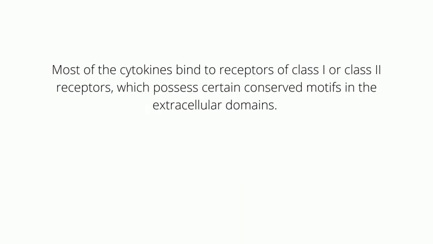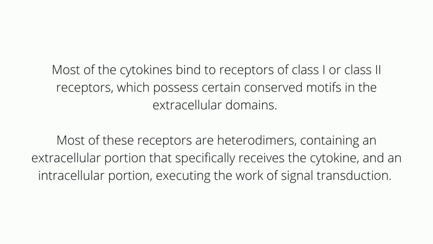Most of the cytokines bind to class 1 or class 2 receptors which possess certain conserved motifs in the extracellular domains. Often, these receptors are heterodimers containing an extracellular portion that specifically receives the cytokine and an intracellular portion executing the work of signal transduction.